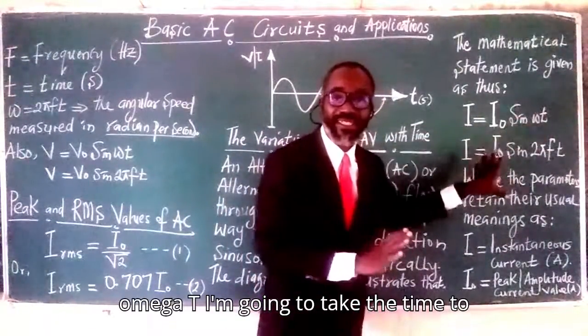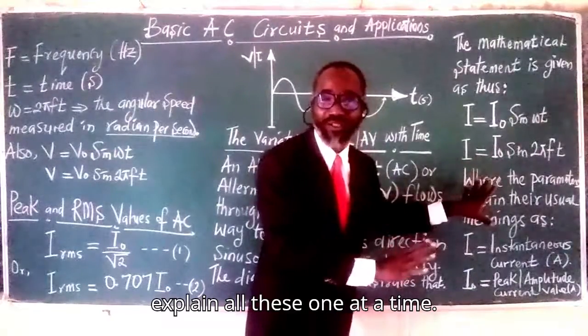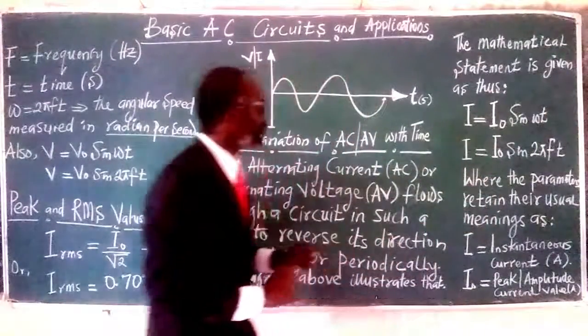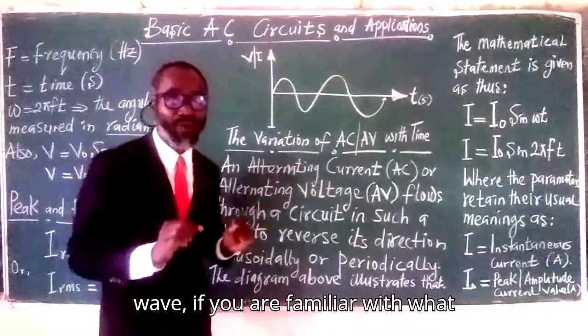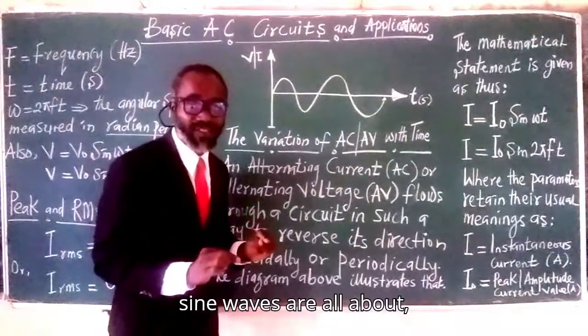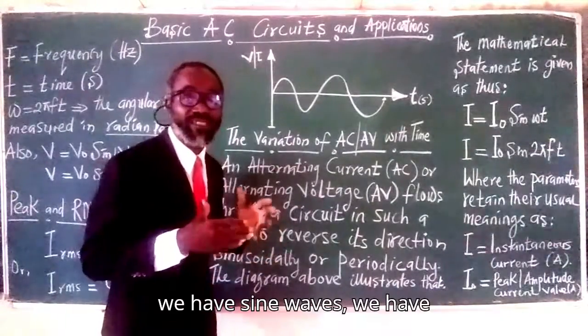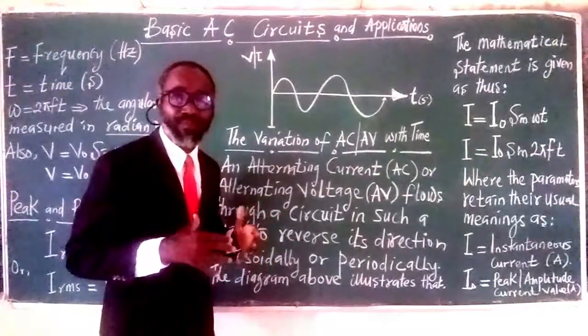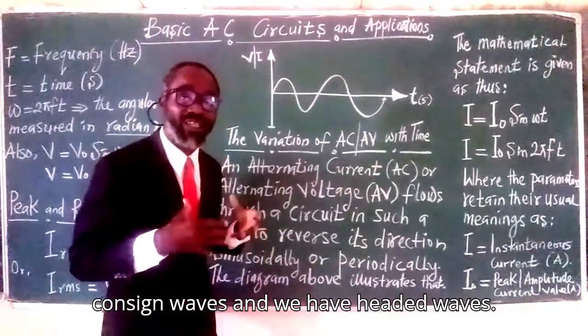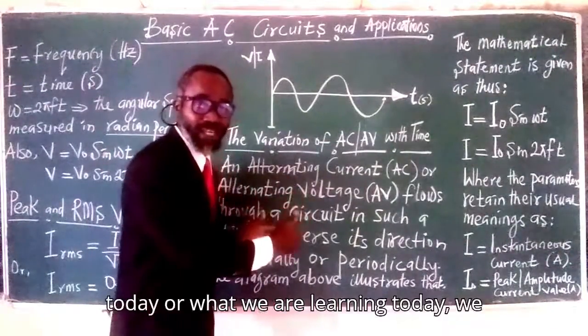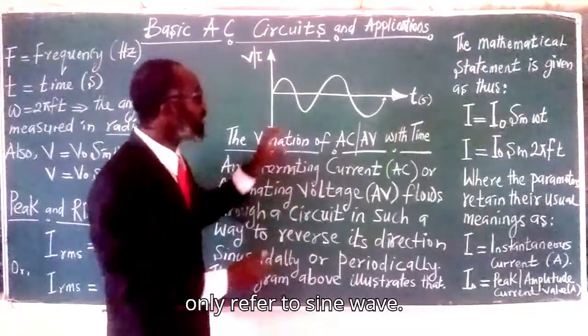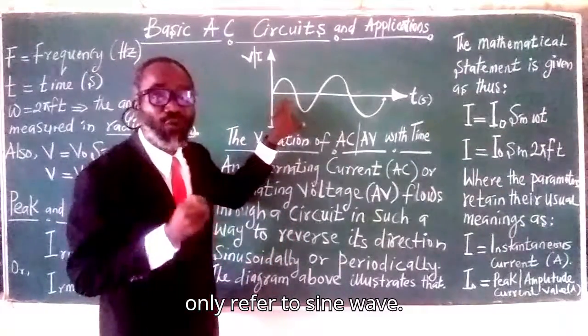I'm going to take the time to explain all this one at a time. Because this represents a sine wave, if you are familiar with what sine waves are all about, we have sine waves, we have cosine waves, and we have tangent waves. But regarding what we are learning today, we are only referring to the sine wave, okay?